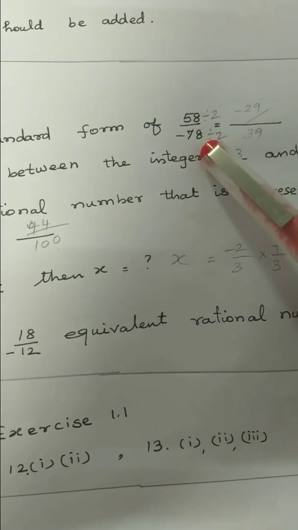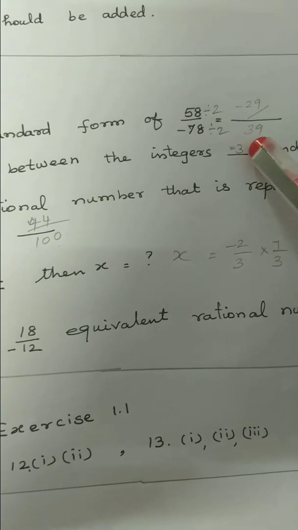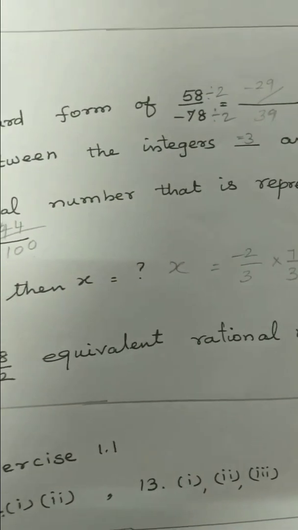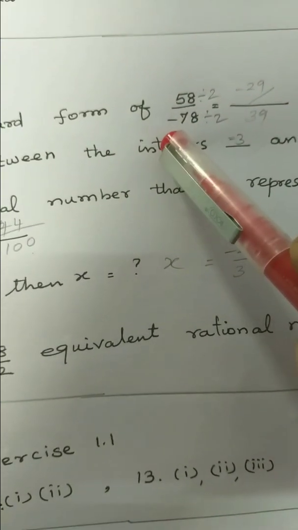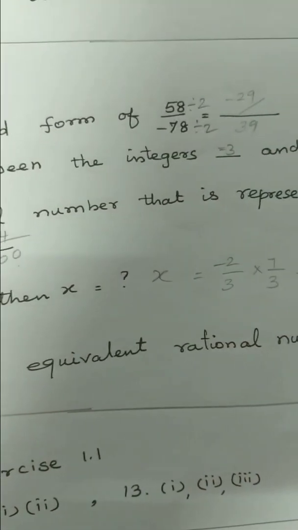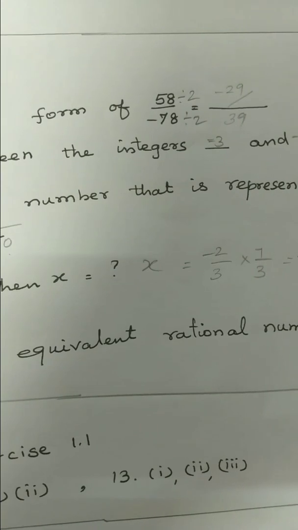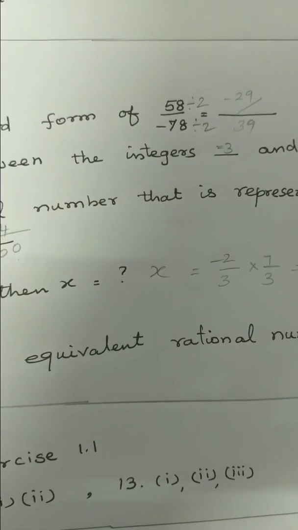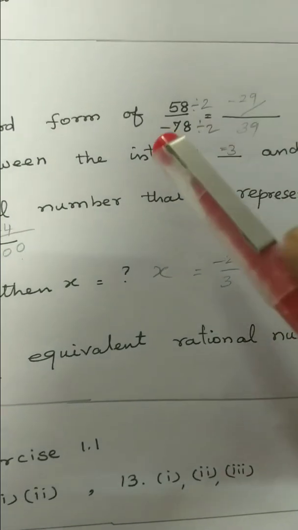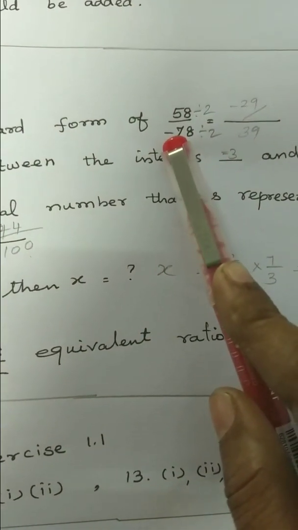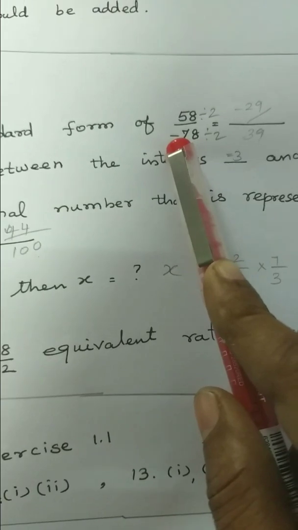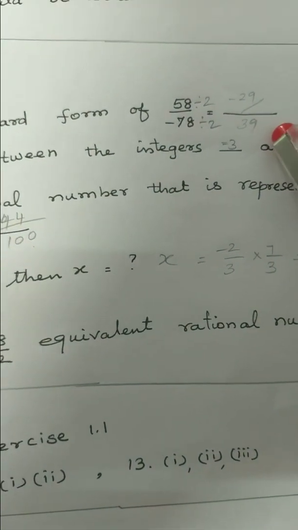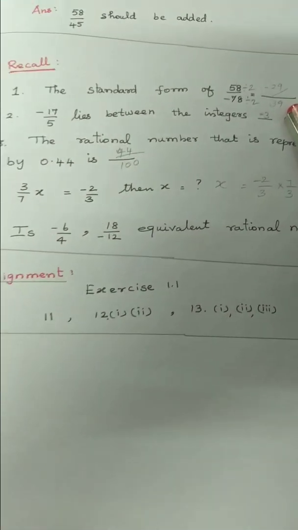Then it will become minus 29 by 39. First you have to bring the negative sign to the numerator, because in the standard form the condition is that the denominator is always positive. Yes, now the answer is minus 29 by 39.